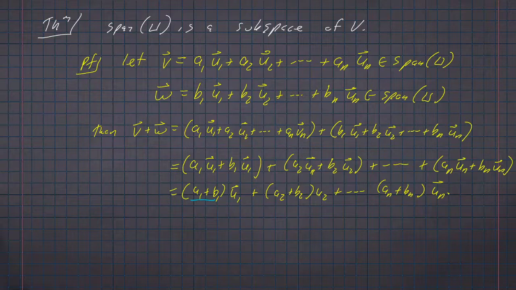That's a scalar. That's a scalar. That's a scalar. We could write this as c1u1 plus c2u2 plus cnun, which is very obviously in the span of U.